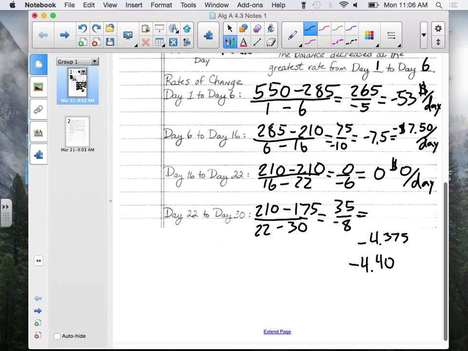Can we round that a little easier, to the hundredth value maybe? Negative 4.38. Right, because we have pennies. So this means that it's decreasing at a rate of $4.38 per day.